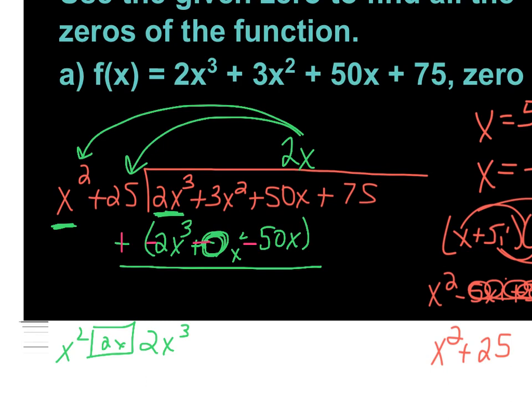So if I subtract now, what's 50x minus 50x? 0. What's 3x squared minus 0? 3x squared, good. And then what's 2x cubed minus 2x cubed? 0. What do I do with 75? Bring it down. If that 0 there confuses you, just don't worry about it. Don't write it.